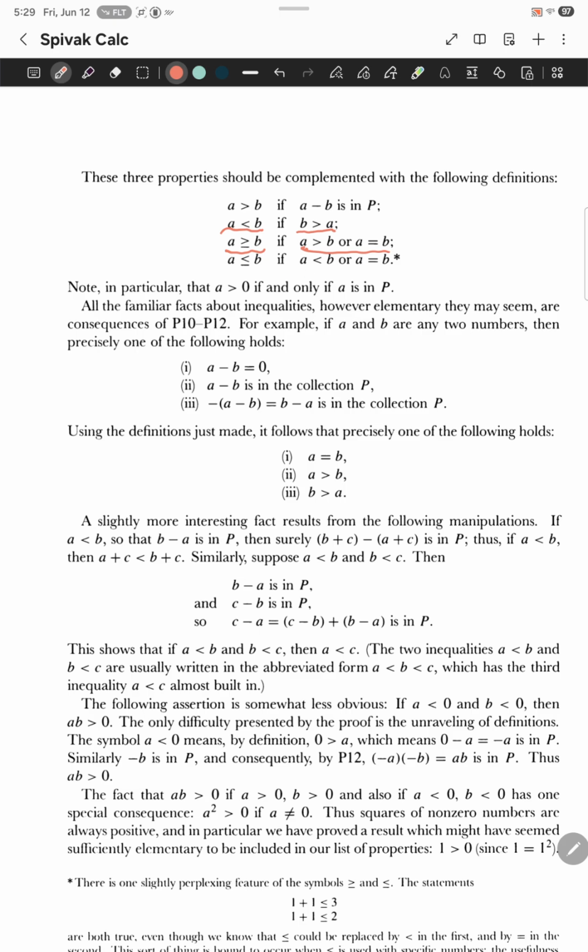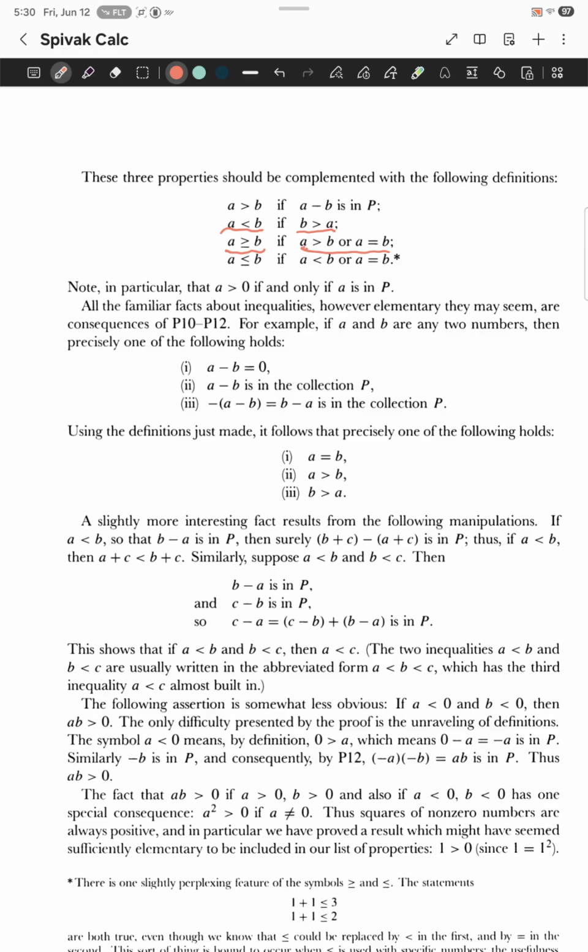Note in particular that A is greater than 0 if and only if A is in P. Right. All the familiar facts about inequalities, however elementary they may seem, are consequences of P10, P11, P12.